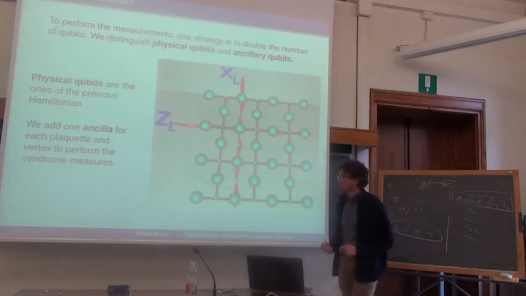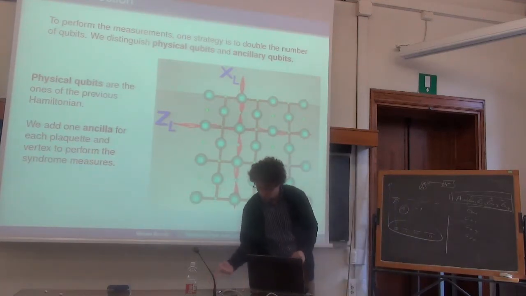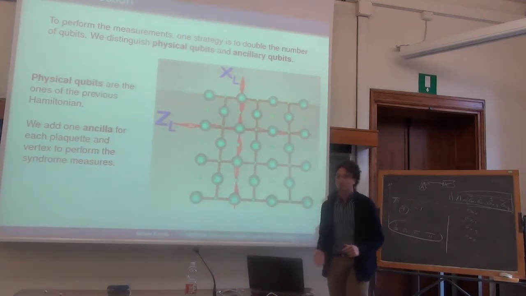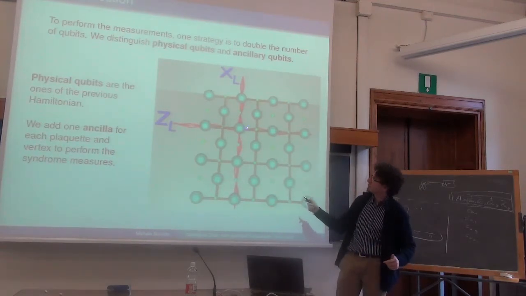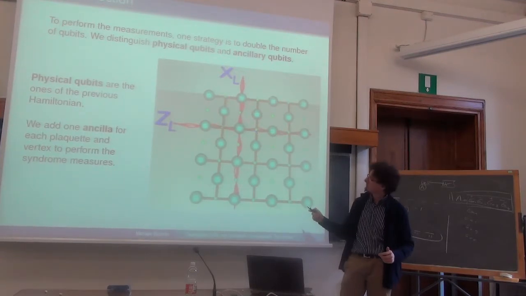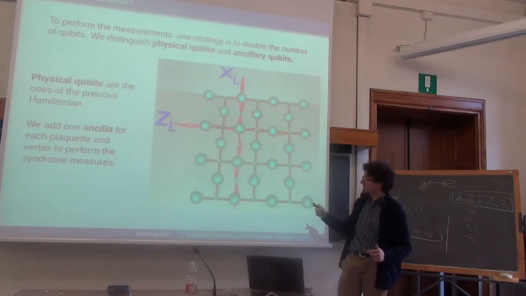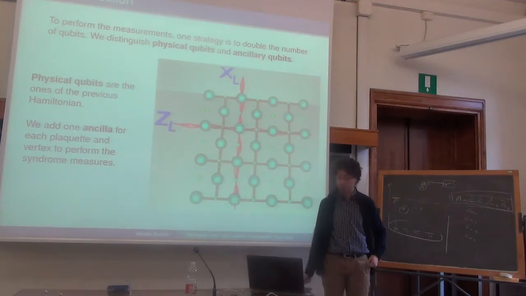And the most convenient thing is to add to our system some further spin 1/2, which are these small dots which live on the vertices of the plaquettes. So each of these spin 1/2, which I will call ancilla, is associated either to a vertex operator, like this one, or to a plaquette operator.